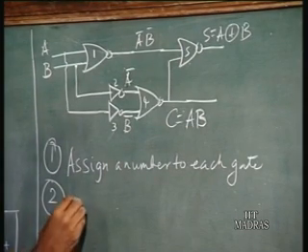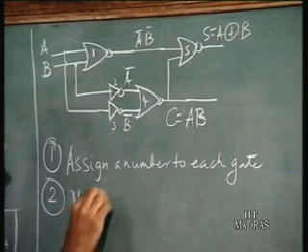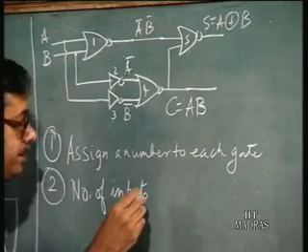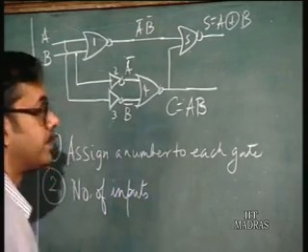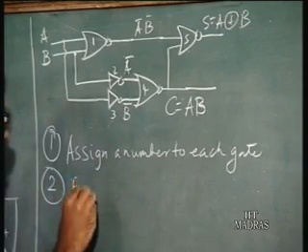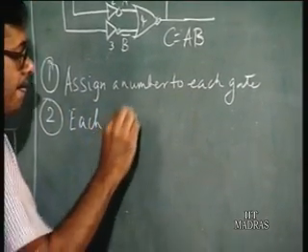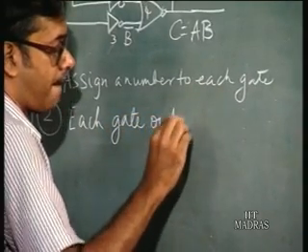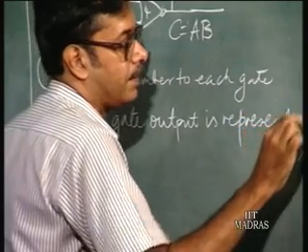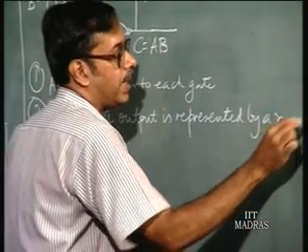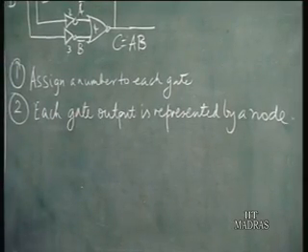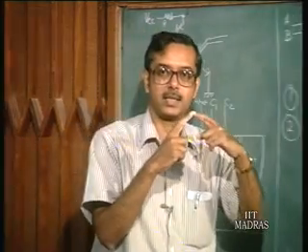Second, each gate output is represented by a node. By a node we mean, in the I squared L circuit, when you are just connecting two collectors, that is a node.